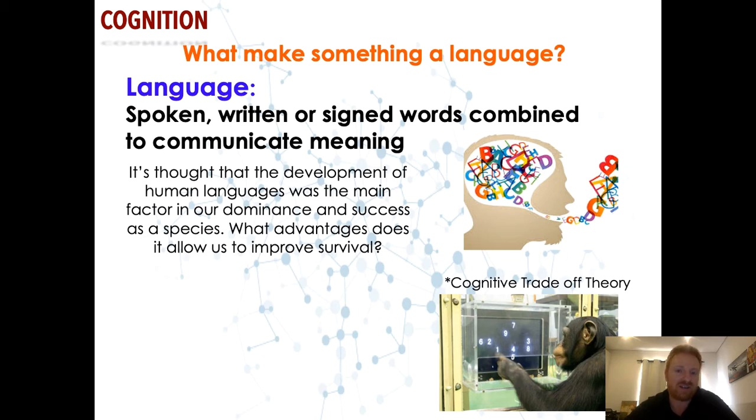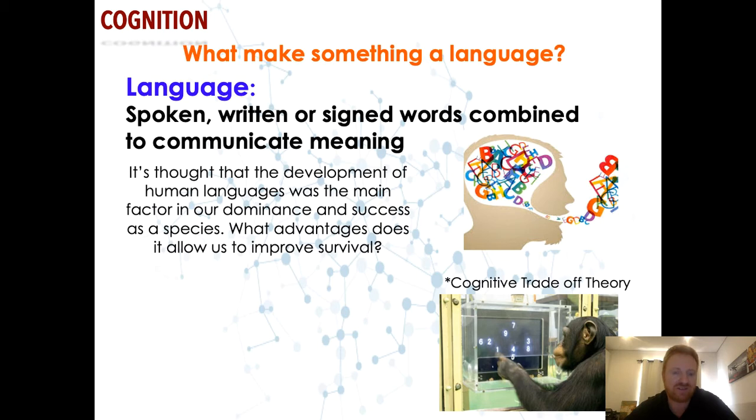One theory is that we had language before we had the cognition that we do, that it's because of language that we built such strong and high-powered brains, capable of so many things. It was language that drove that cognition. But what is it about language that allows us to survive? Why would that have been a naturally adaptive trait? Wouldn't it have been better to grow bigger muscles or become faster?